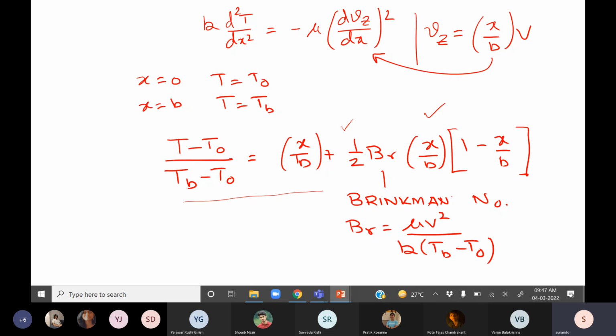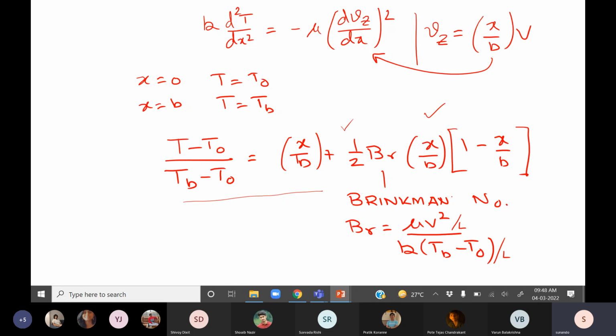If you look at the Brinkman number carefully, the V square, if you divide it by length over here, then what is k times TB minus T0 by L, where L is the separation between the two plates?